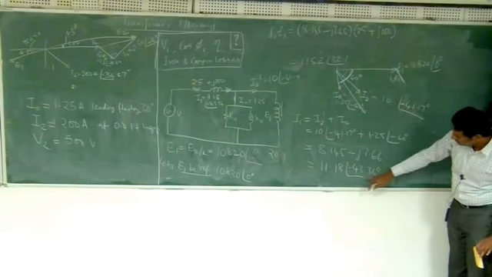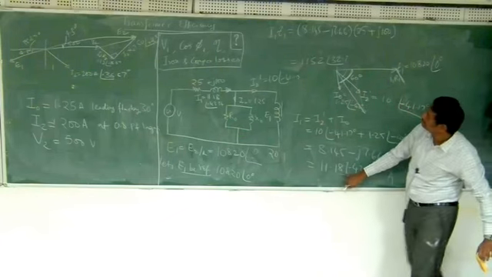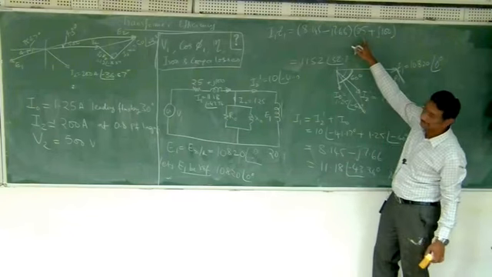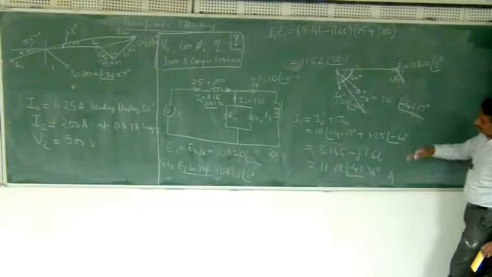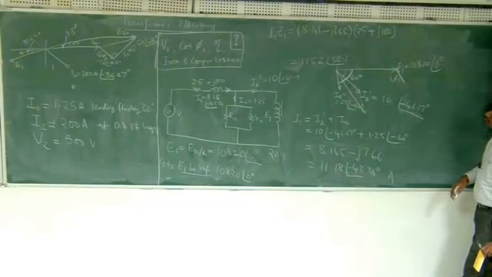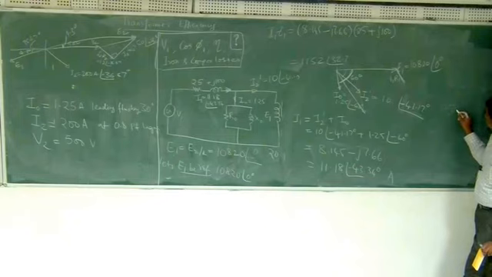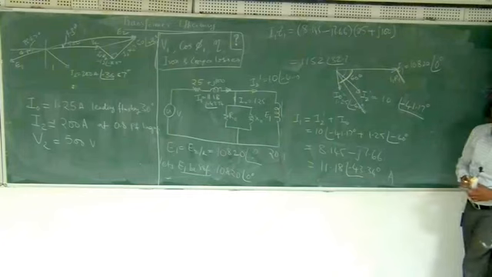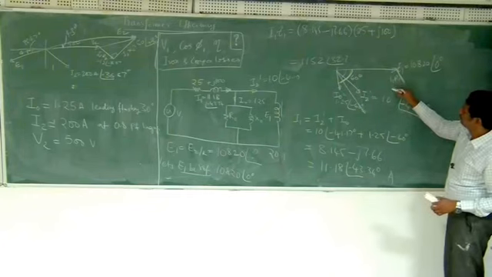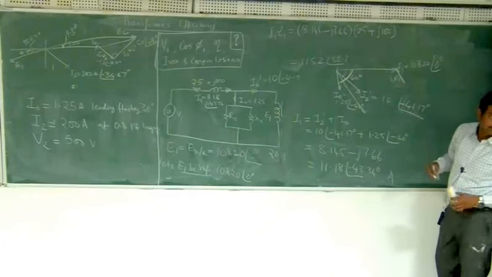See, the magnitude is 11.18, 11.18 multiplied by 25. Okay, so it will be something like how much? So 250, 25. I'm just approximately guessing it will be somewhere around 300. Okay, approximately 300. 279.